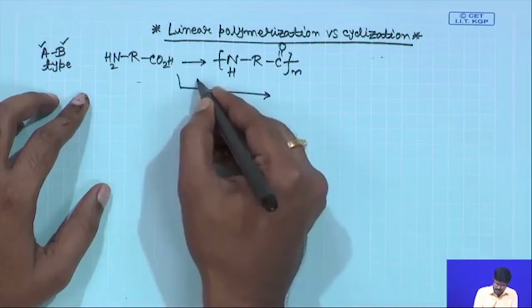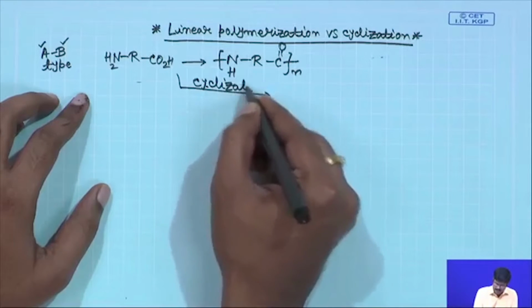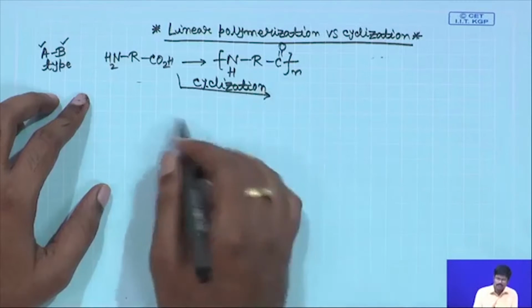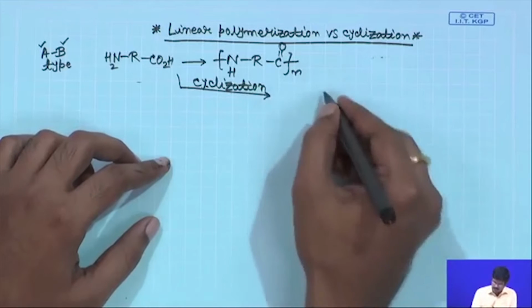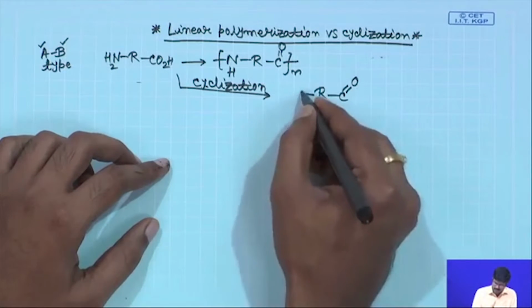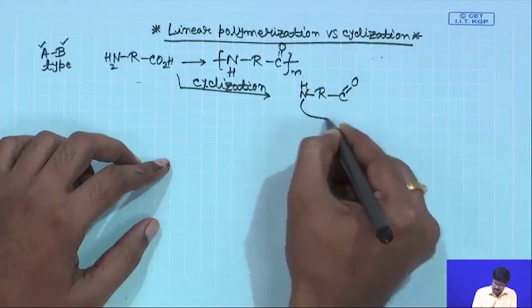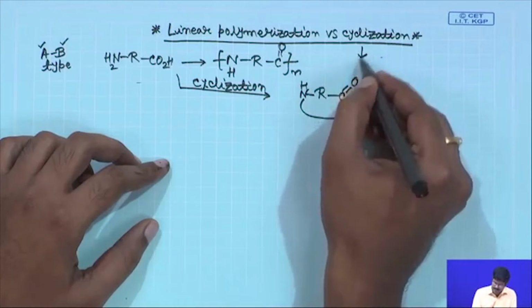So, you could have cyclization, and what you will have then is something like this. So, this is an intramolecular process.